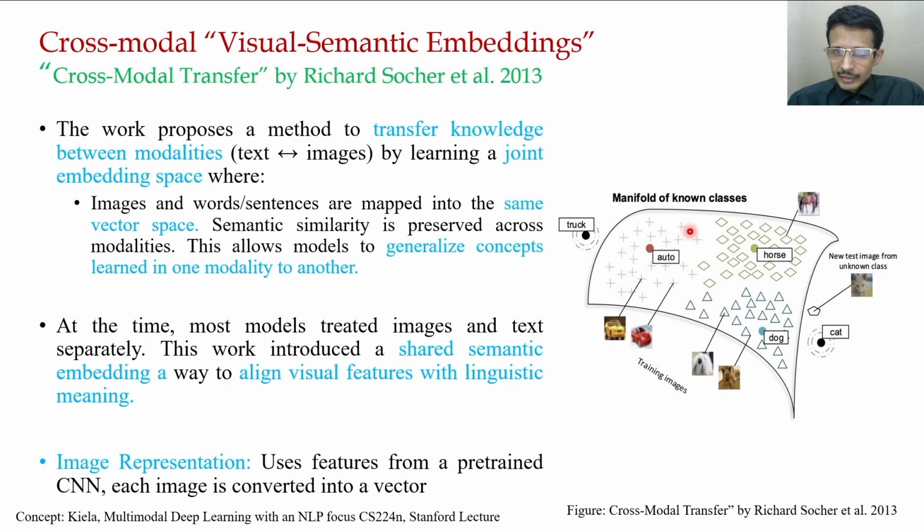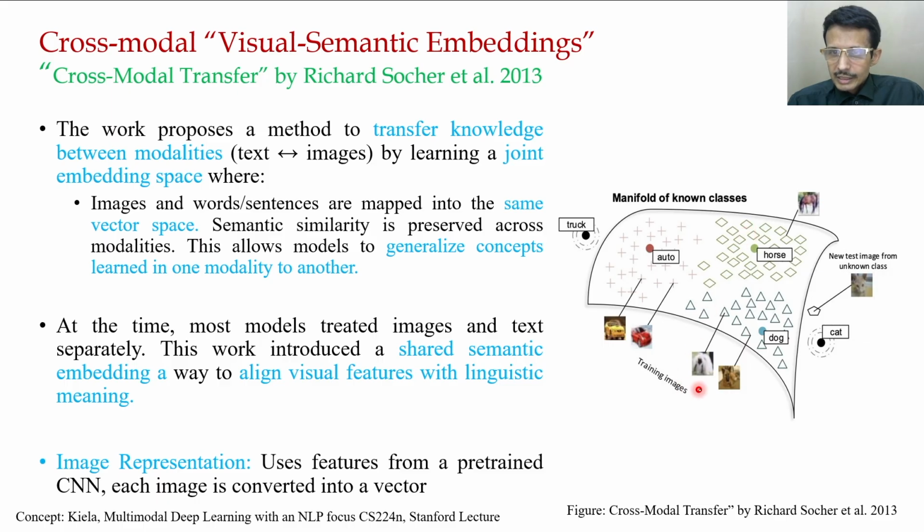Here you can see the manifold of known classes, and there are some images and some text data. The training images are projected on this manifold, or this space of known classes.